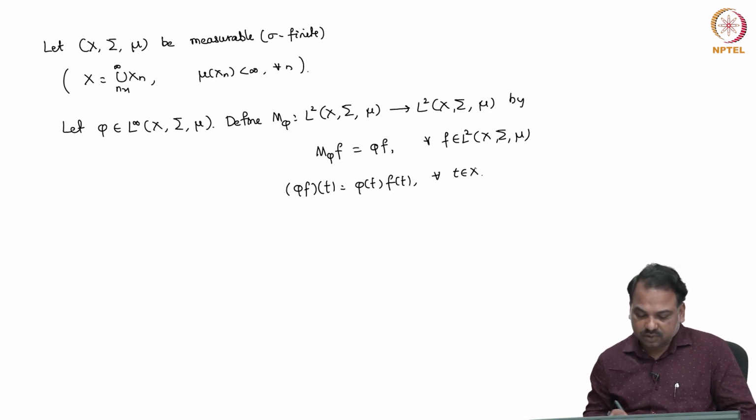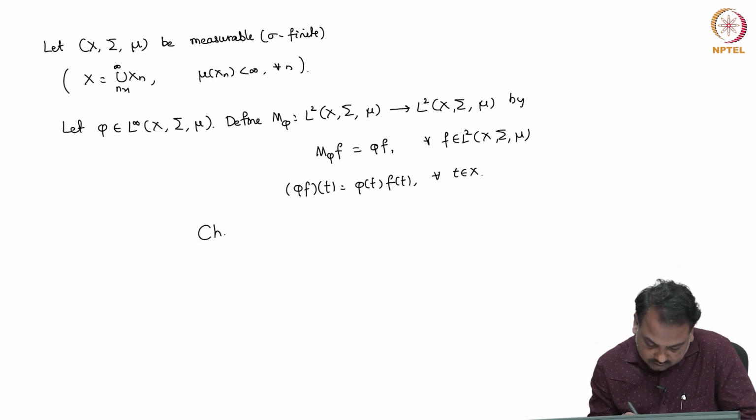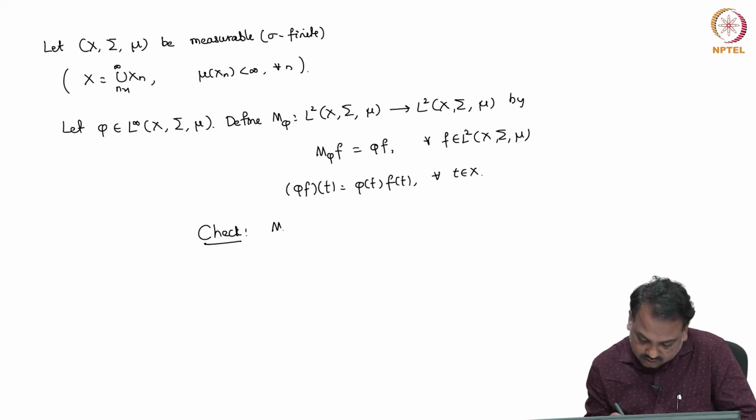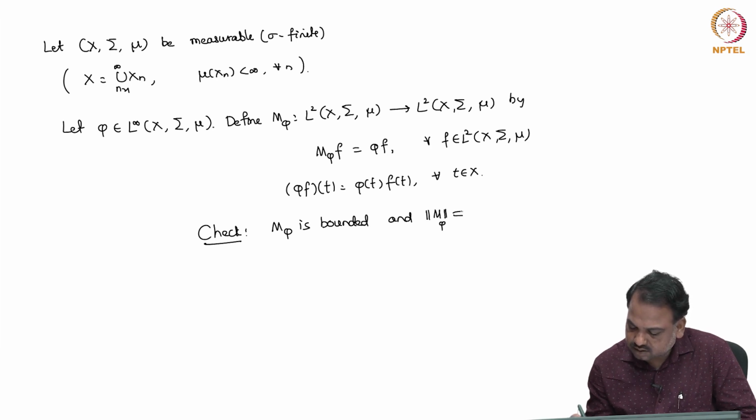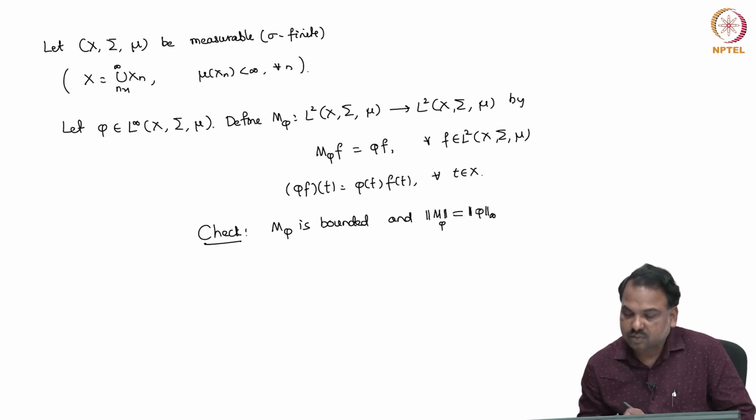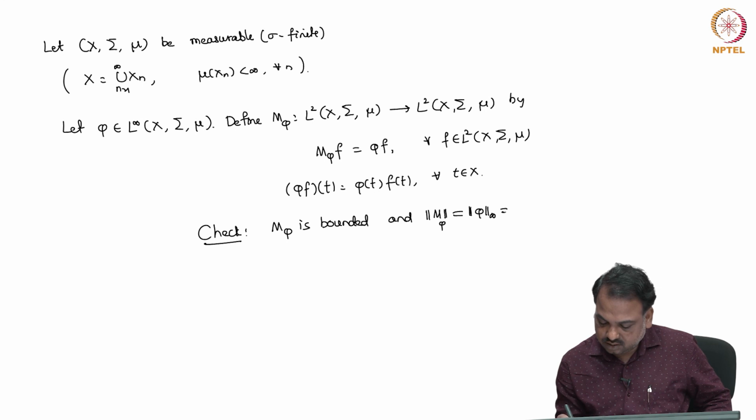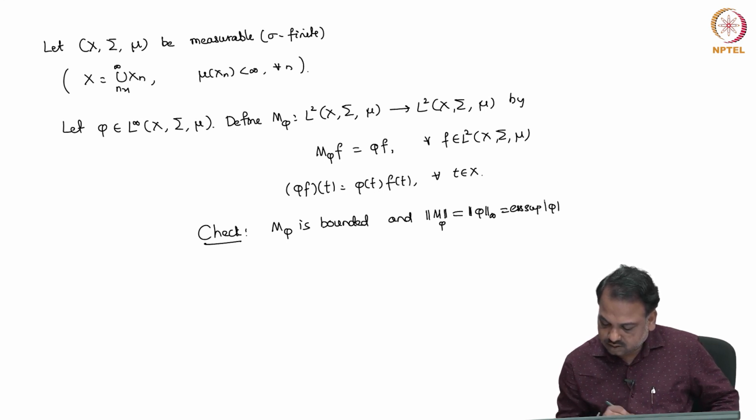Now here also we can show, following the same steps as earlier, that m phi is bounded and the norm of m phi is exactly the essential supremum of mod phi.